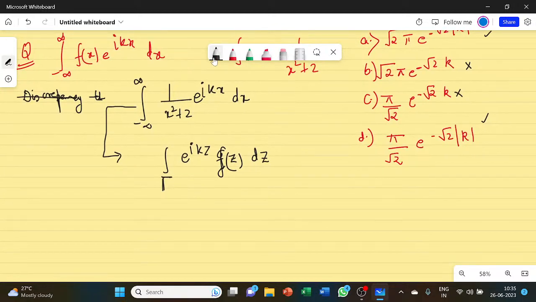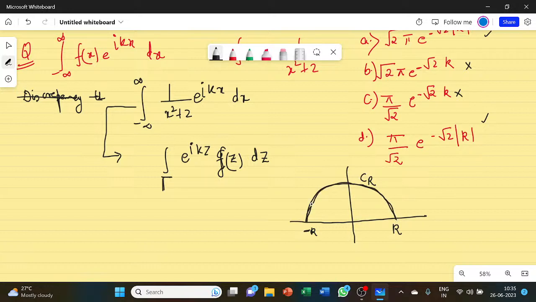And what is gamma? Gamma is the upper half of the semicircle, usually from minus R to plus R. Let us say this is C R, only this upper half.